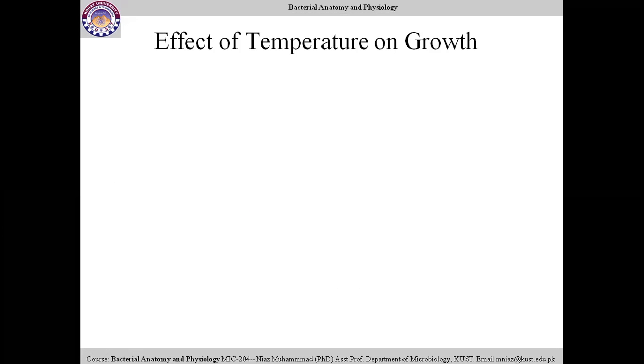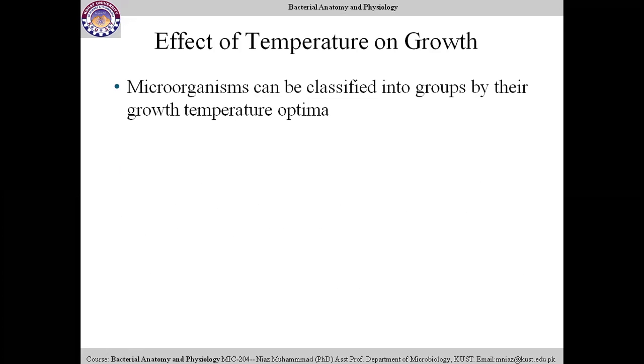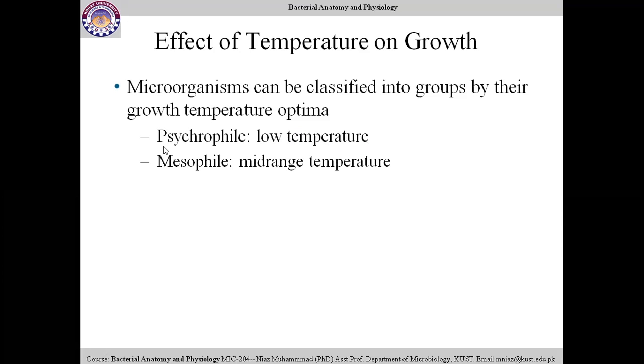So, the effect of temperature on growth. Microorganisms can be classified into groups by their growth temperature optima. Number one, psychrophilic microorganisms, psychrophiles, class number one. Microorganisms that can grow at very low temperature are called psychrophiles. Mesophiles are microorganisms that can function at mid-range temperature.